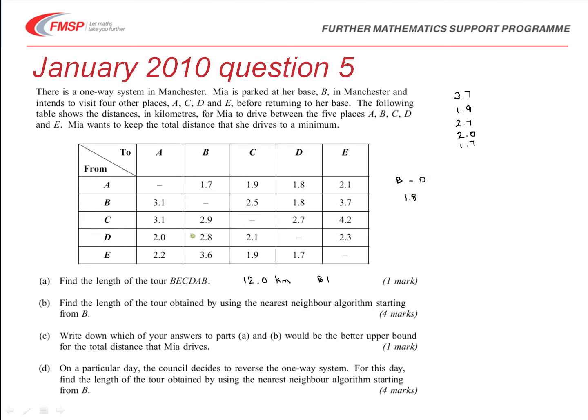From D the nearest neighbour would be A, with an answer of 2. From A the nearest neighbour would not be B, because we don't want to go back to B yet, and not D either, because we've been there, so it would be C.